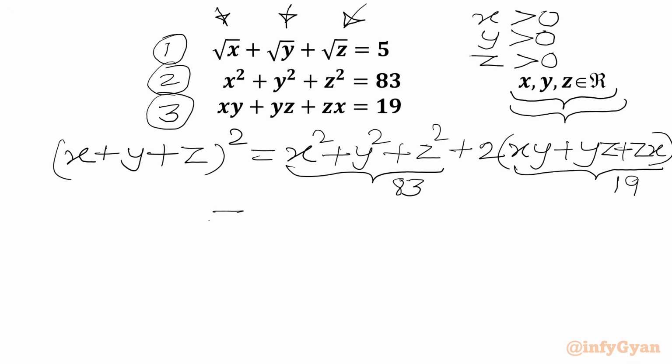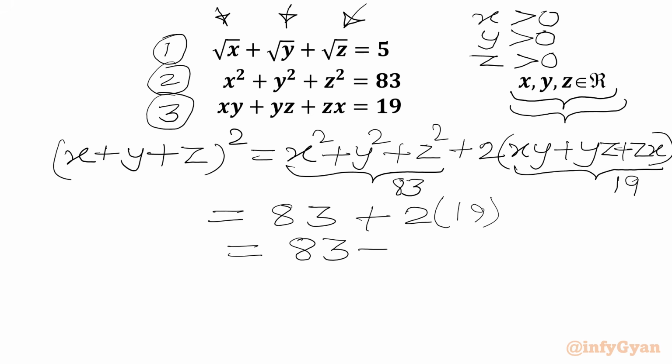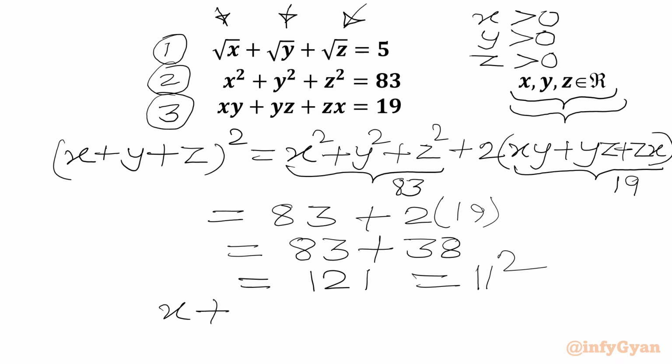So I can calculate RHS first: 83 plus 2 times 19, or we can write 83 plus 38. Addition of these two will give us 121, which is the square of 11. So I can write our equation x plus y plus z whole square equal to 11 whole square.